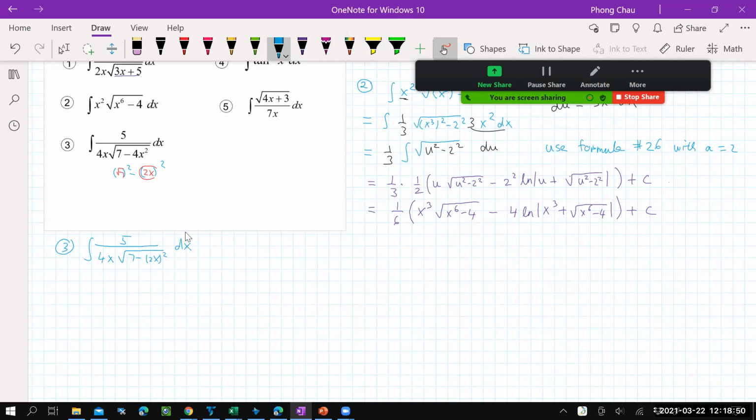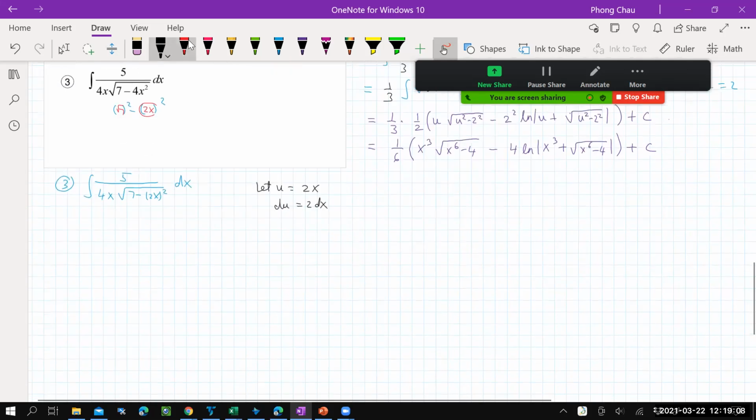Okay, so that suggests the substitution, and we're going to start with let u be 2x, right? So we want u to be 2x, and du is 2 dx. Okay, so with that said, then you will substitute in, I need the 2, right? So I'm going to multiply this by 2, and then times a half, which could be written as 1/2.